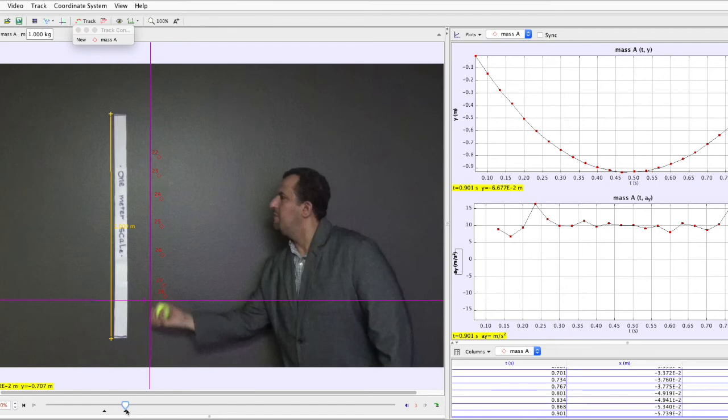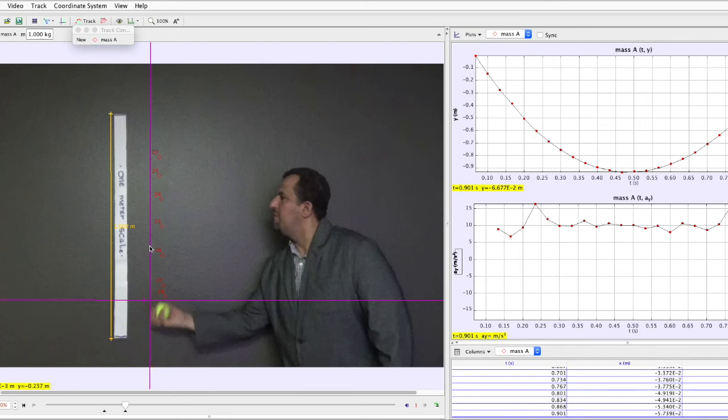What do I mean by the sign here? I'm talking about a positive or negative sign.